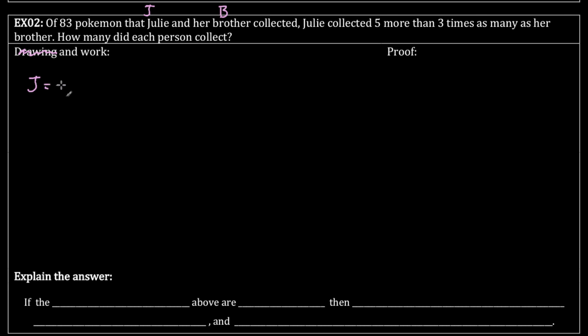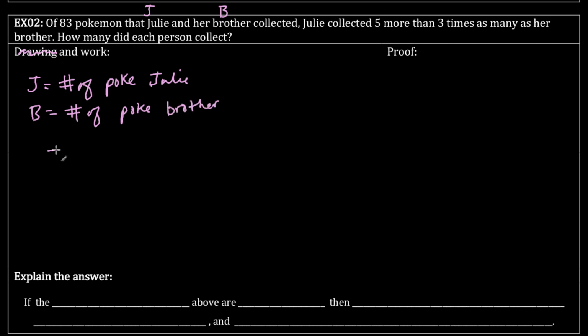So J would be the number of Pokemon for Julie, and B would be the number of Pokemon for her brother. We know that together they have a total of 83 Pokemon.